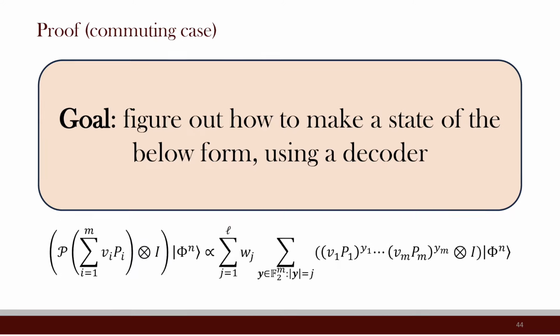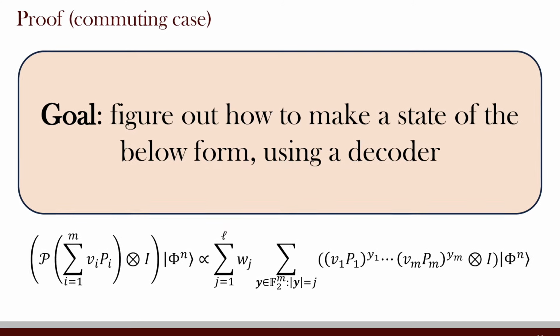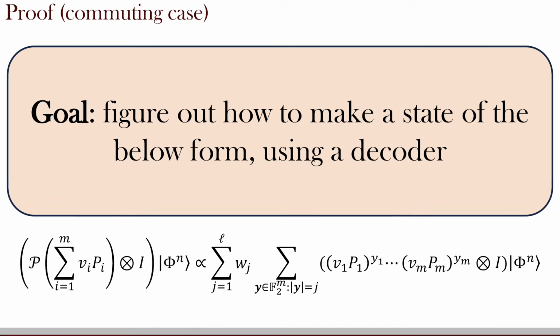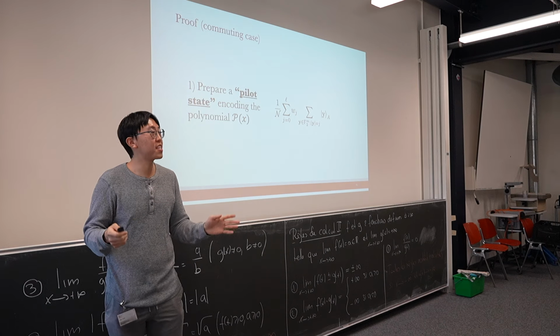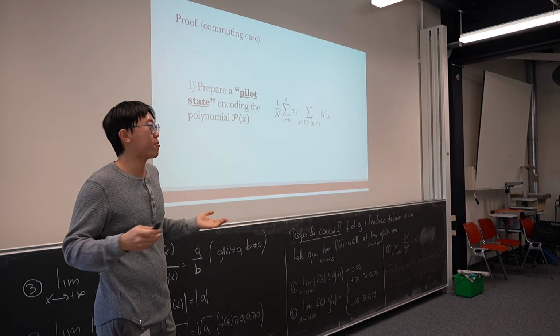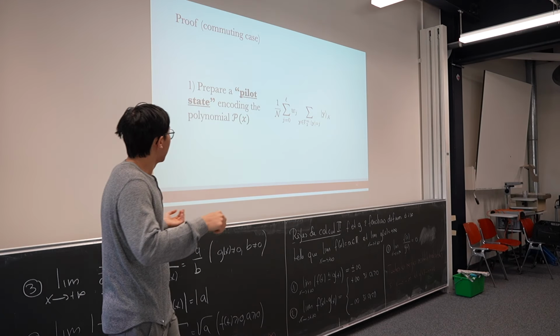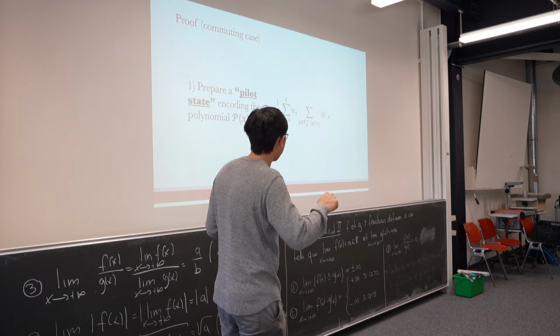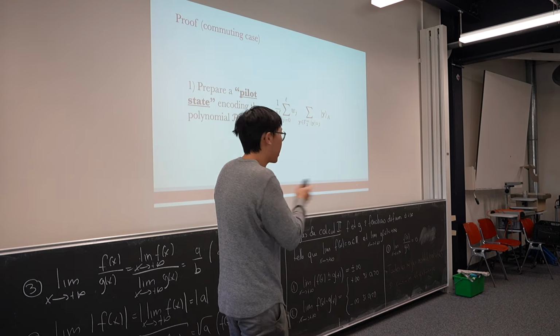So here are the steps to doing it. As I said, the first step is to say, look, that looks too hard, so we're going to try to encode the information about the polynomial into a simpler state, which we call the pilot state. From the previous slide, the only information that we need from the polynomial are those coefficients, w_j. So how do we do it? We're going to prepare a superposition over these w_j's, and then the inside is supposed to be some symmetric expansion, right?